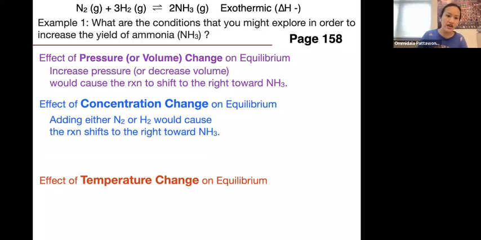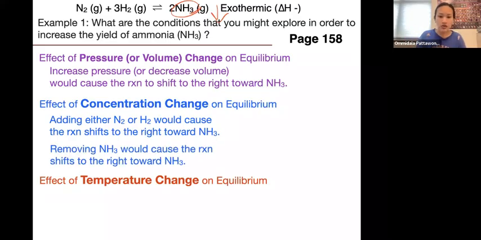So you can either add more nitrogen or more hydrogen in order for the reaction to shift toward the product. Or you can reduce the amount of product, which means that as the product is being made, you can remove that product out of the reaction flask. That is going to cause the reaction to produce more of the product as well.